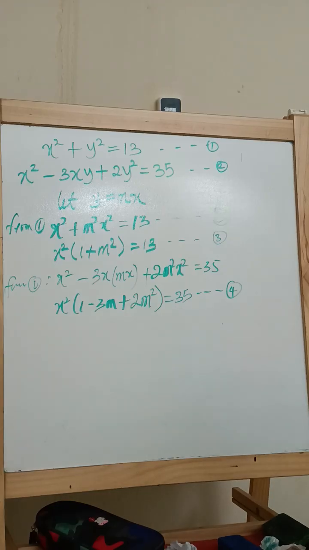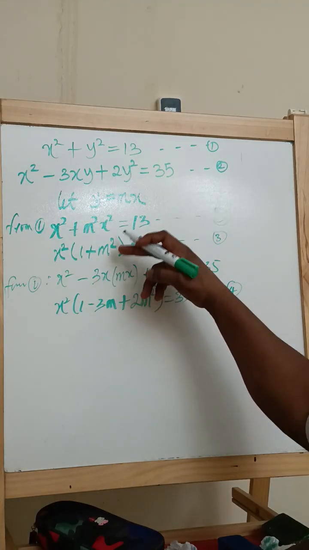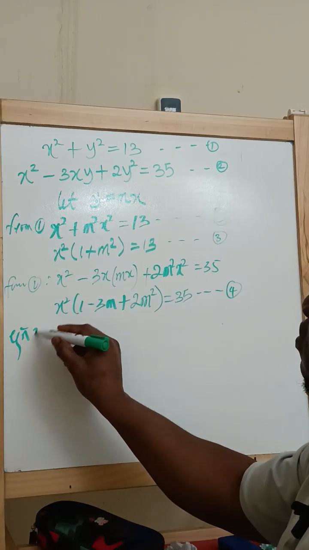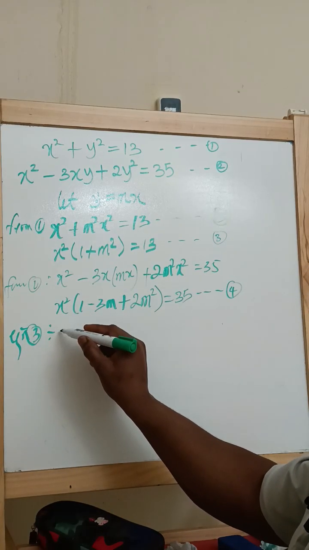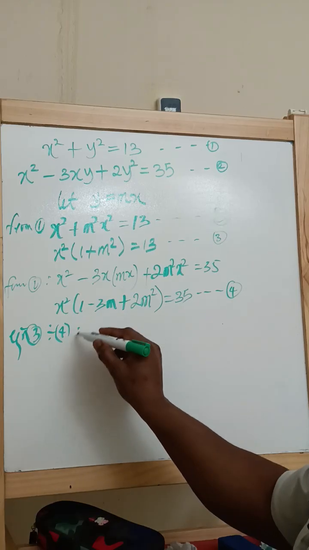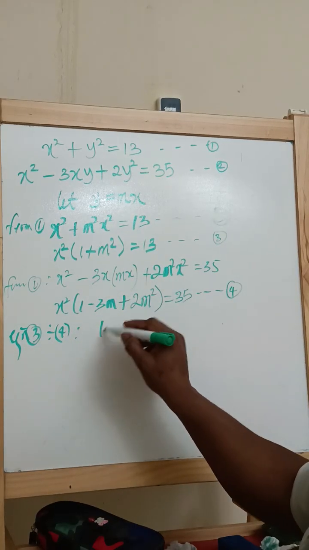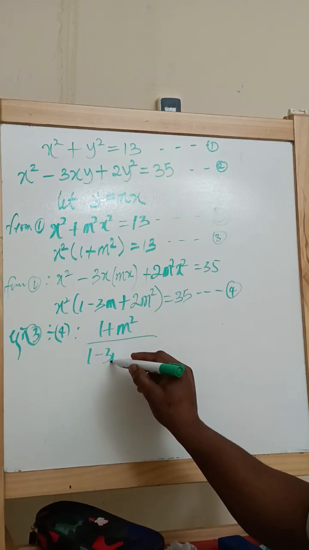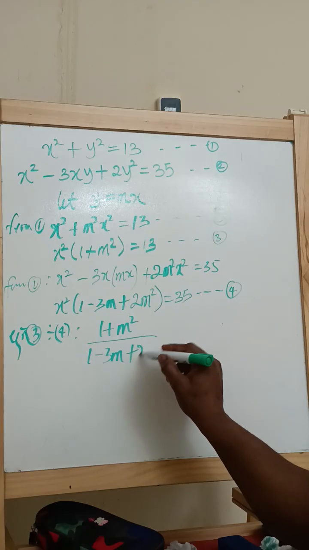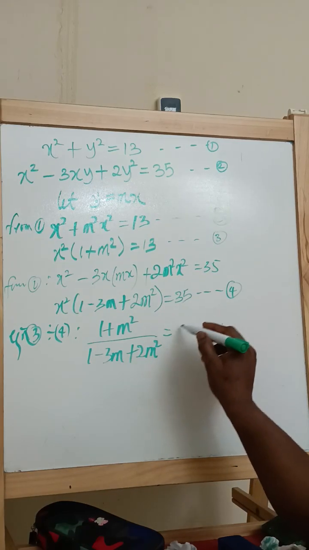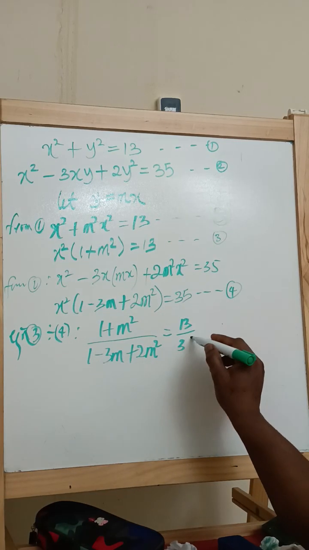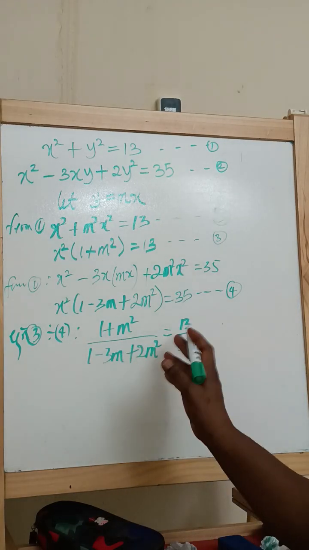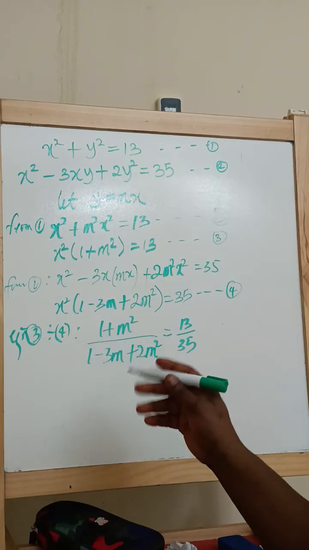So once these are obtained, the next thing we'll do is to divide 3 by 4. So it's equation 3 divided by 4. If we divide this by this, that will be 1 plus m squared all over 1 minus 3m plus 2m squared equals 13 all over 35. We can simplify this by cross multiplying.